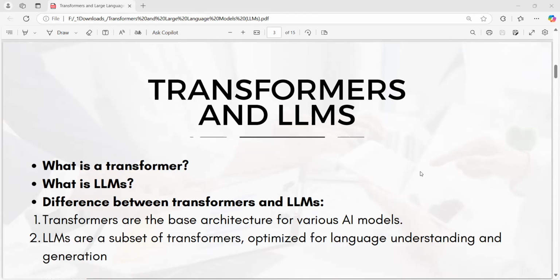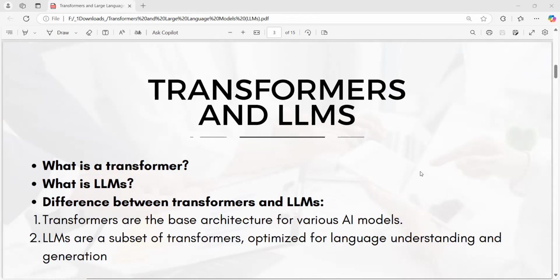For example, BERT is a type of transformer, whereas LLMs usually include Falcon or GPT-3, specific types. The difference comes in training data as well. Transformers use various datasets, structured and unstructured, whereas LLMs use massive text corpora, trillions of words only.